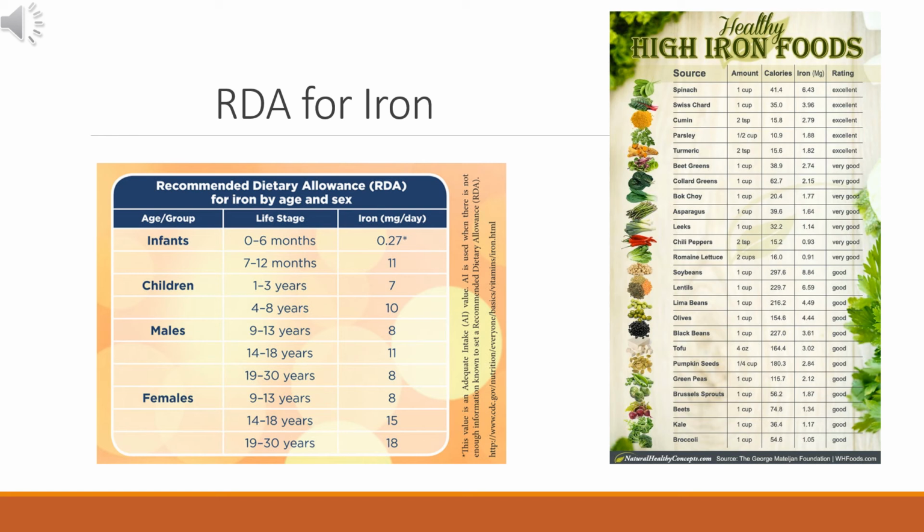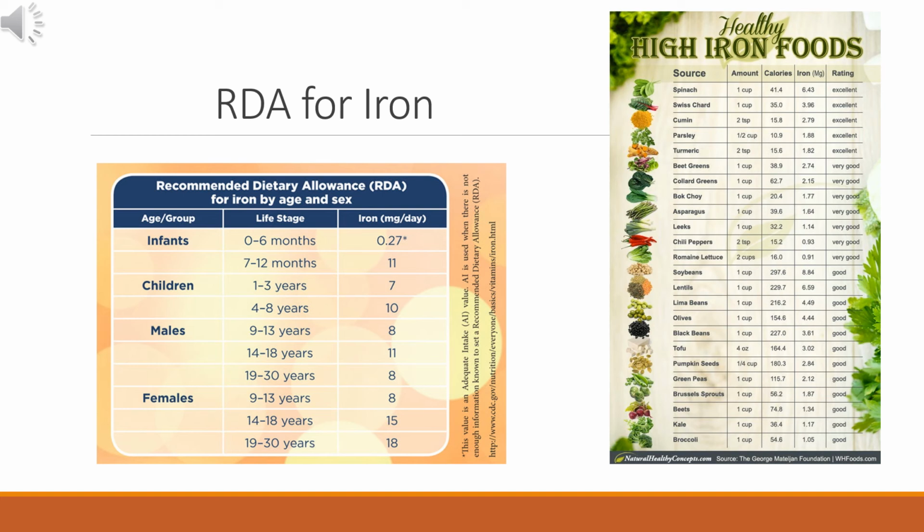If you're a male in that age group, you need about 8. And then what you could do, if you want to get a specific amount in, you could go over to a list of iron-rich foods that you can see on the right side of the screen, and then you could make sure that you're getting, if you're women, 18 milligrams, or if you're men, 8 milligrams.